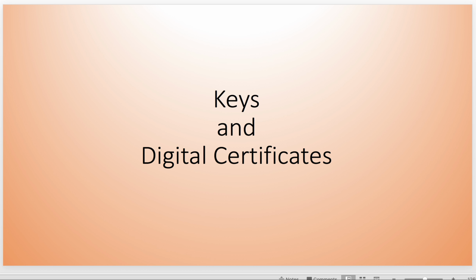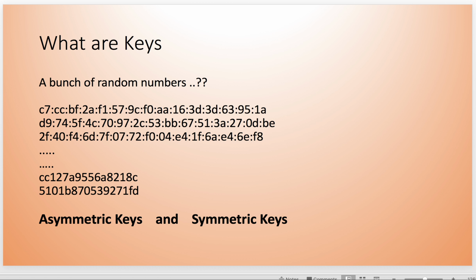We'll look at what digital keys are and what digital certificates are. So to start with, keys are nothing but random numbers. So every machine has a random number generator. There could be a hardware random number generator or a software random number generator.